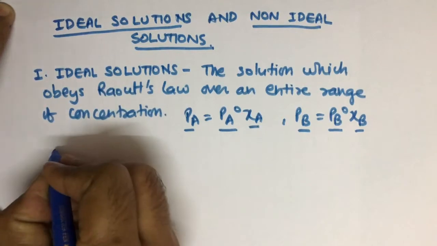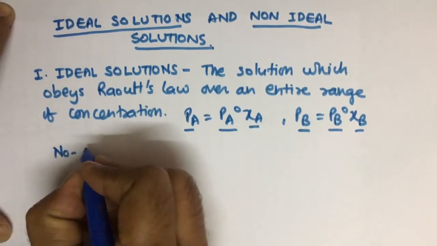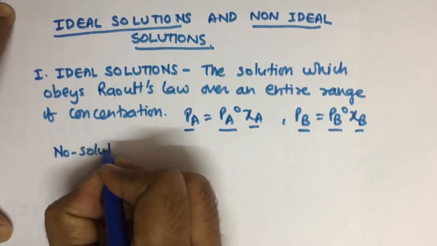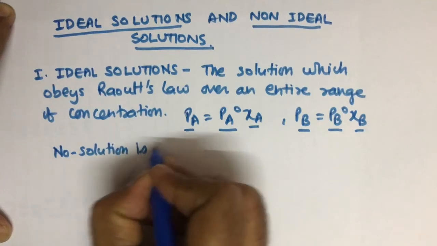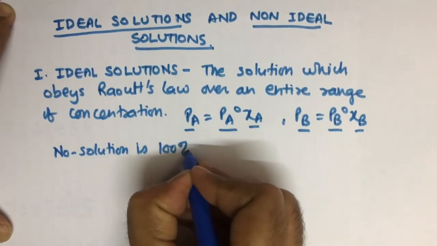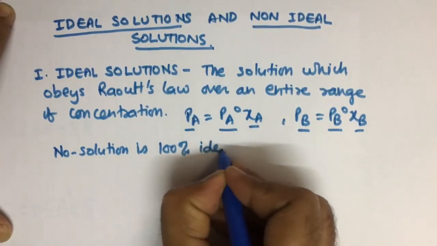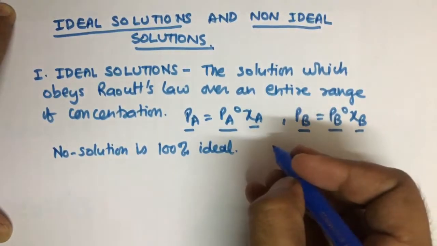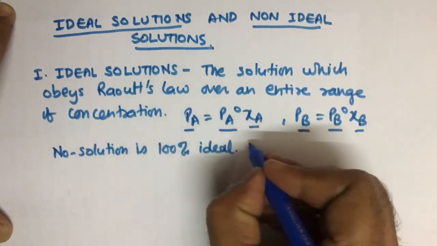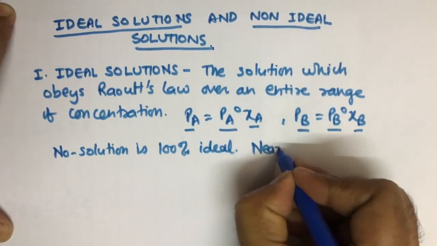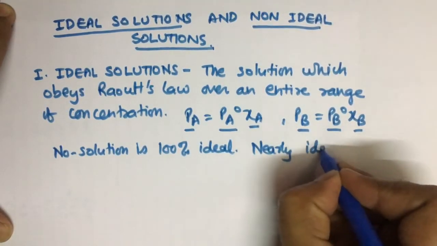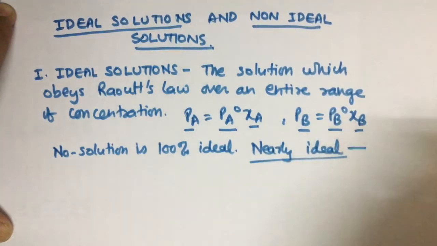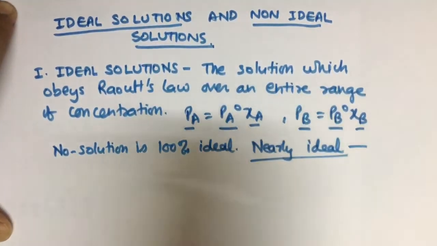Now no solution is 100% ideal, but there are certain solutions which are nearly ideal. Their behavior is very near to the ideal behavior.